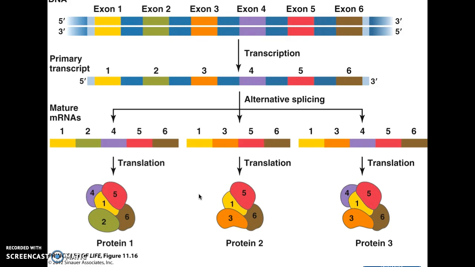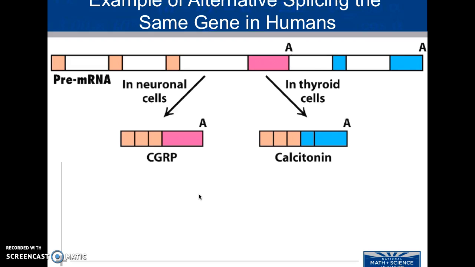Again, we can see it here. I've got this whole sequence of exons, and then the blue are my introns. Due to alternative splicing, I can end up with 3 different proteins. Again, in humans, we can end up with 2 totally different proteins depending on how I've spliced my pre-mRNA.